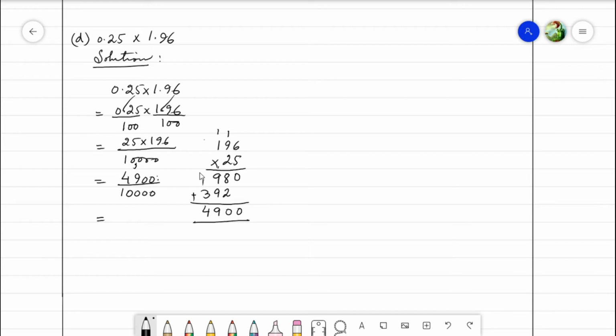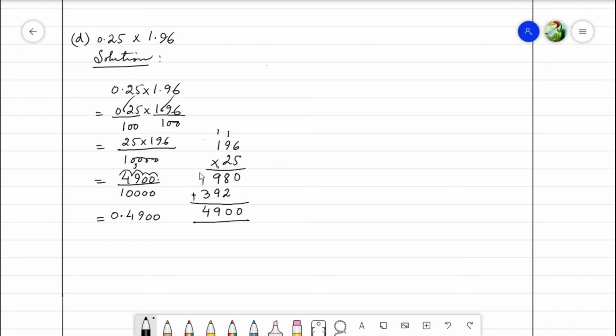After four digits I will put the decimal. This is 1, 2, 3, 4. So the point will come here, in 4900. And to show this point, because it would be invisible, I will make a 0 here.